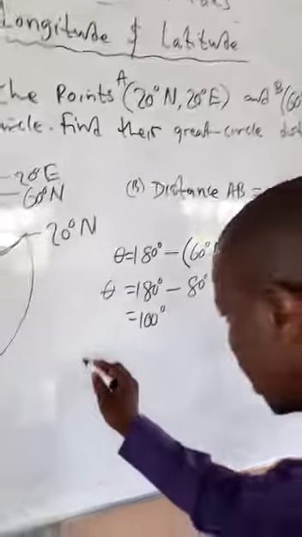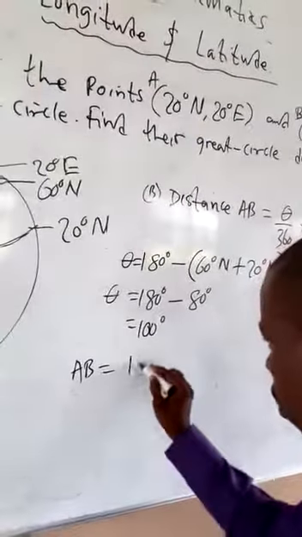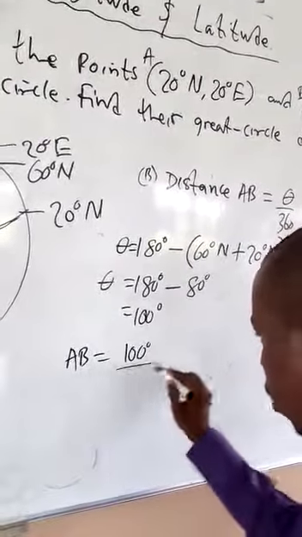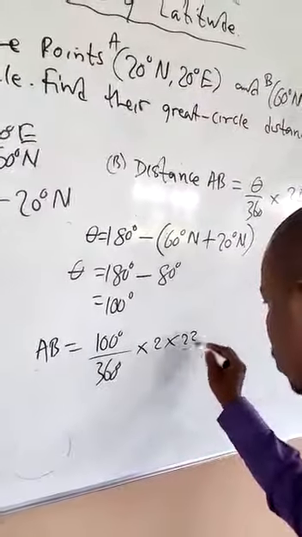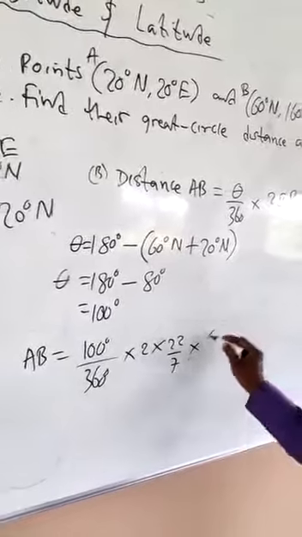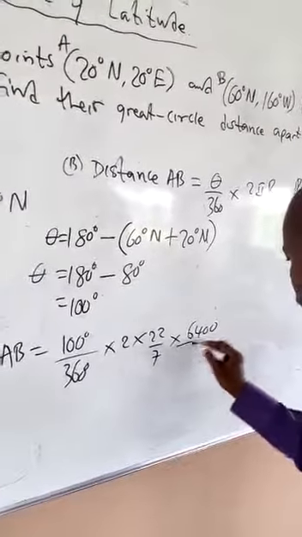Therefore, distance AB now is 100° over 360° times 2 times 22/7 times 6,400.